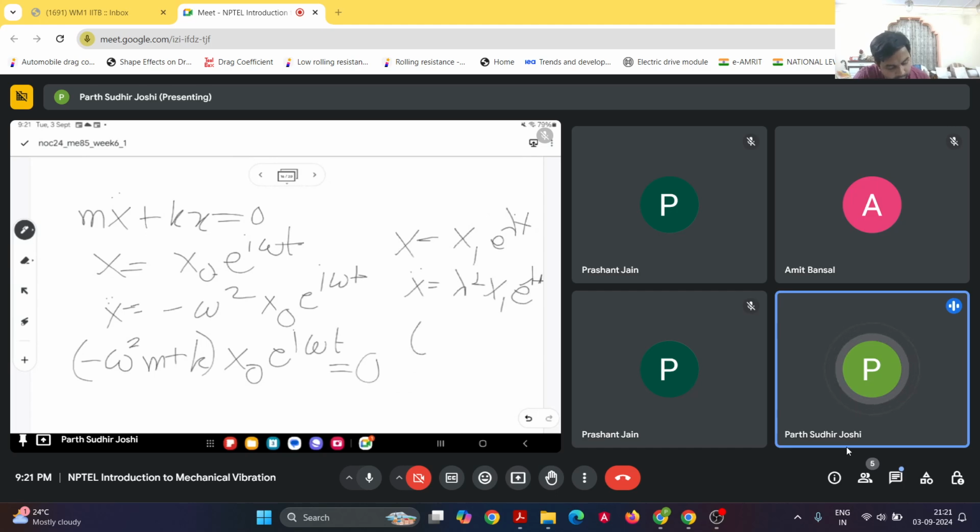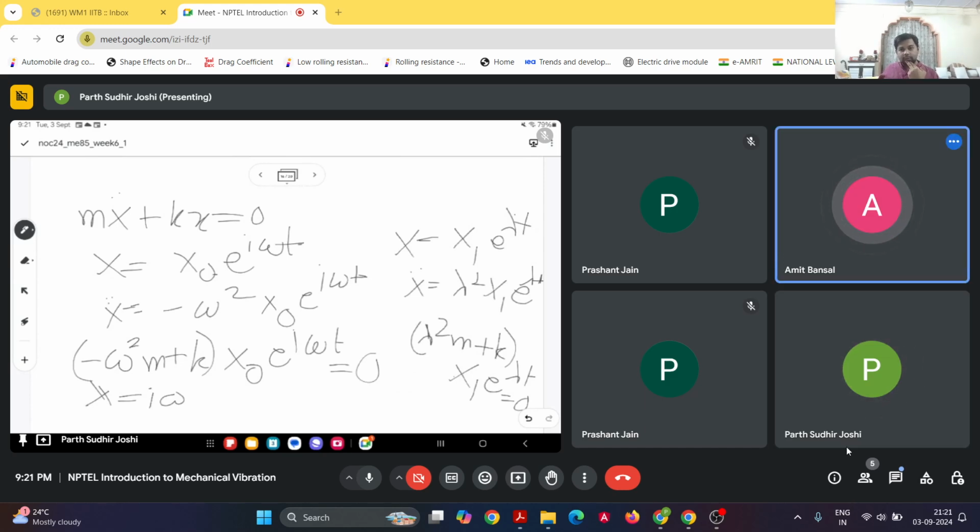So our equation will be lambda square m plus k into x1 e to the power lambda t is equal to 0. Now if you compare the two equations, lambda is essentially I omega. Do you agree with this?